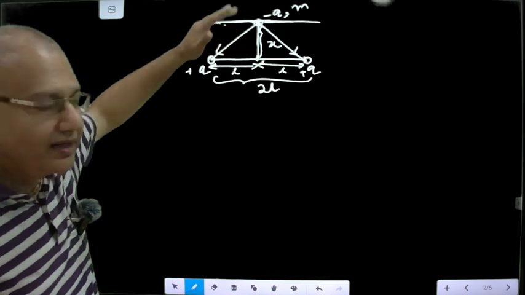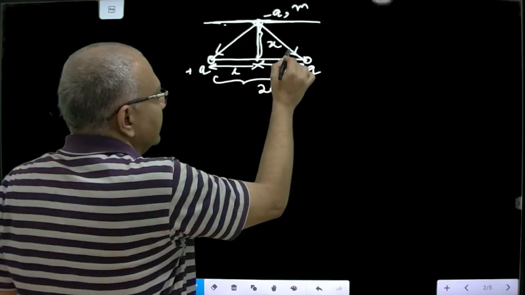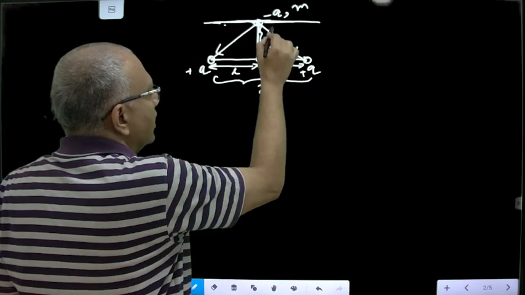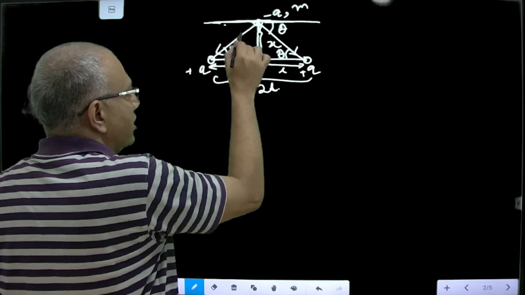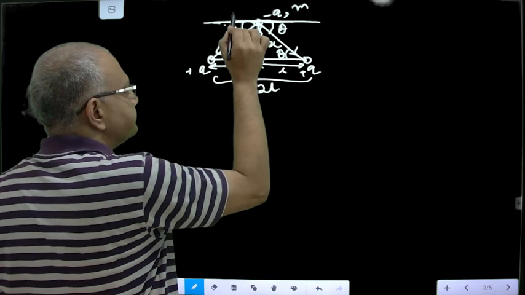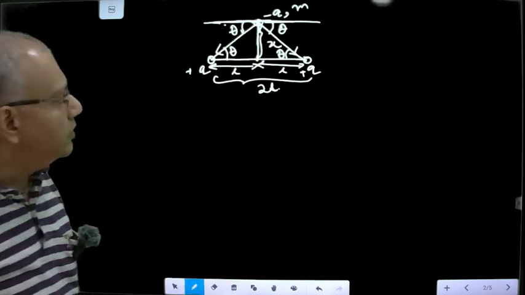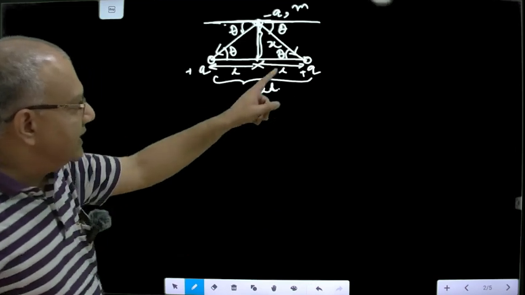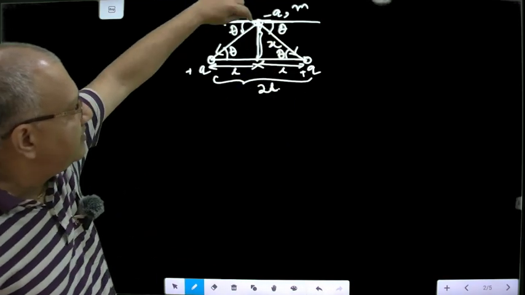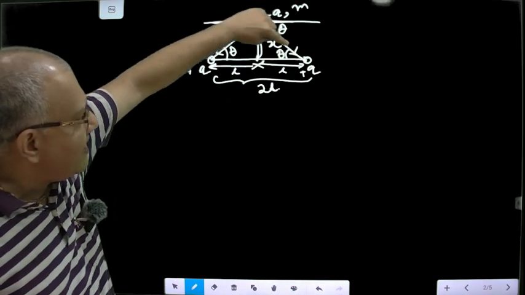If I think that this is theta, alternate angle theta, simple geometry. Now, force 1, I am going to take the interacting force between this negative charge and this positive charge.